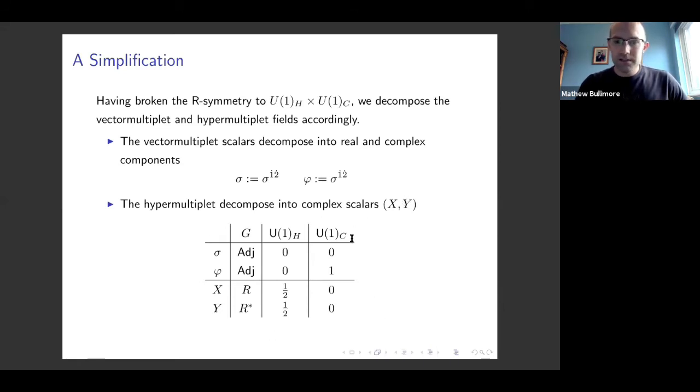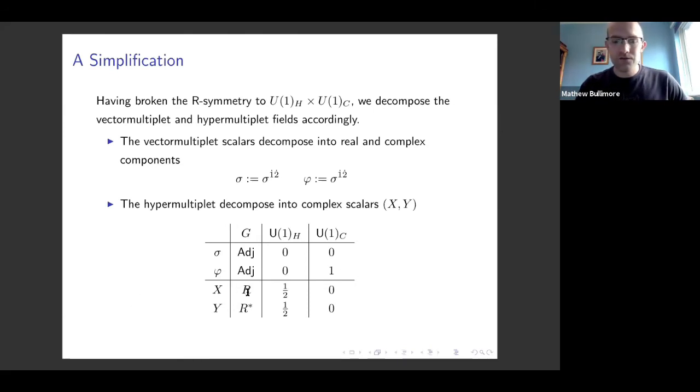So the charges of all these things are summarized in this table. So sigma and phi, well, they both transform in the adjoint representation of G. They're in the vector multiplet. They're not charged under U1 Higgs R symmetry. They used to transform as a triplet of SU2 Coulomb. So now the real bit, that's like the 3-direction, that's uncharged, and the complex one phi has charge 1.